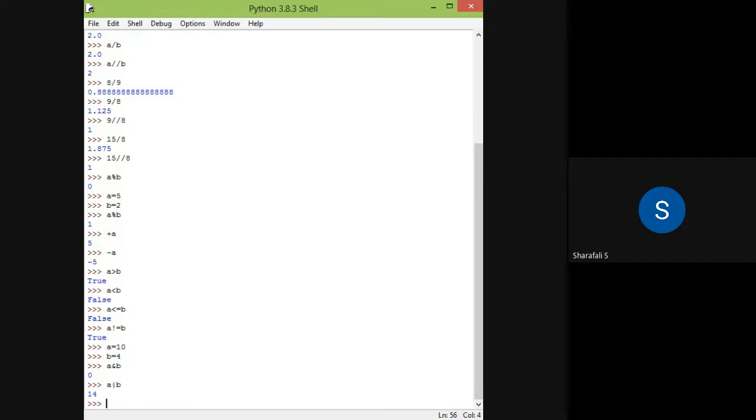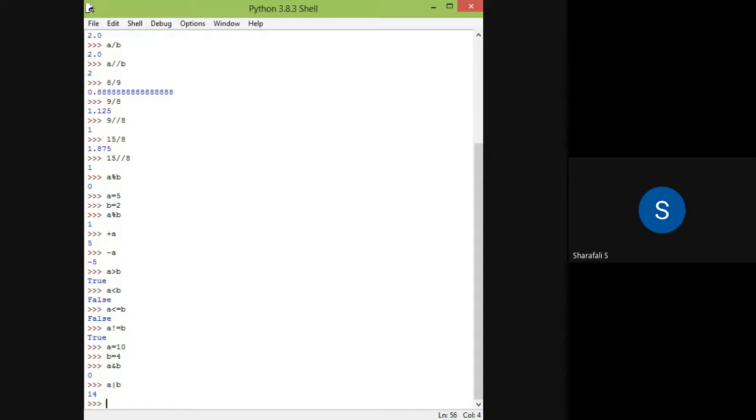Similarly, you can do any of these operations that will give different output according to the operators that you are using. So these are all about the operators in Python. You can work out all other operations.